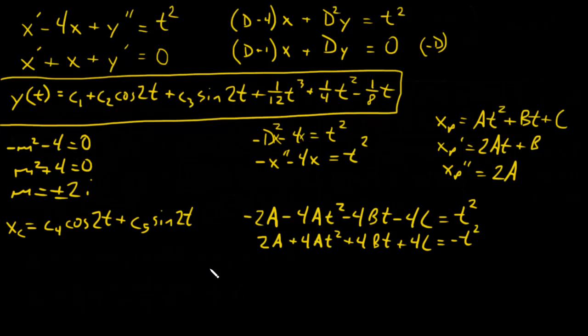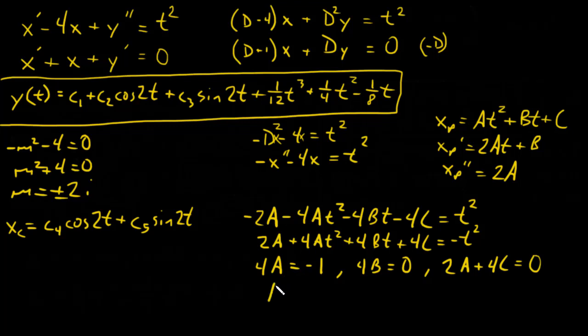We'll start with t squared, so I'm going to wind up with 4a equals, well, -1, right? And then the t's, well, 4b equals 0, and then 2a plus 4c also equals 0, because I don't have a t term or a constant term.